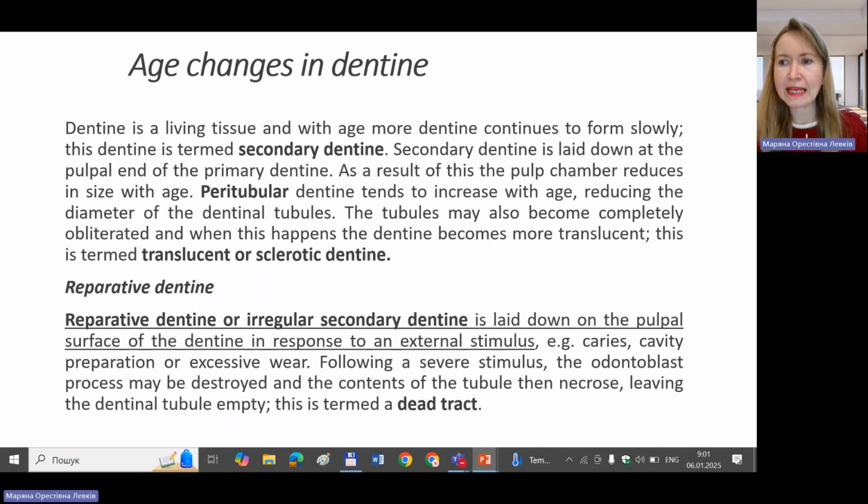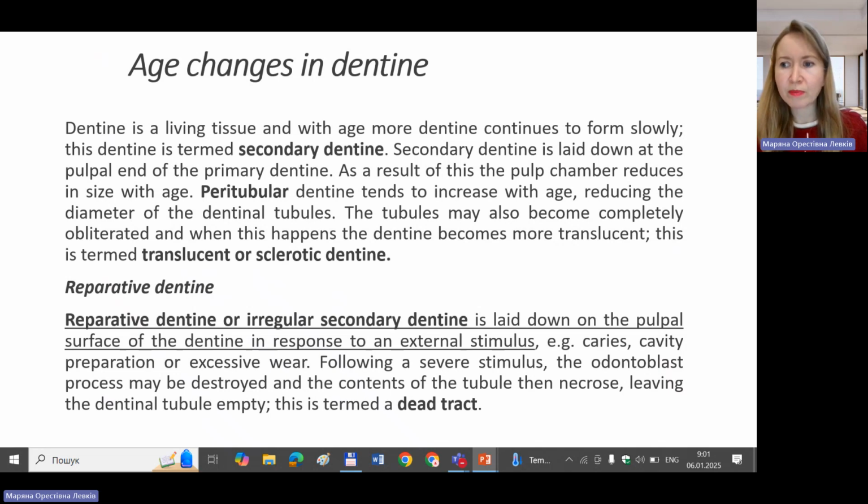Secondary dentine is laid down at the pulpal end of the primary dentine. As a result of this, the pulp chamber reduces in size with age. Peritubular dentine tends to increase with age, reducing the diameter of the dentinal tubules.